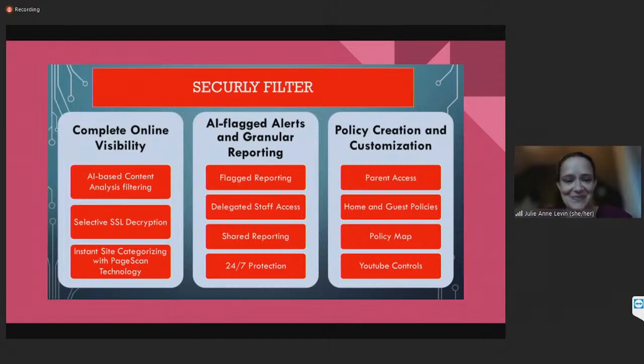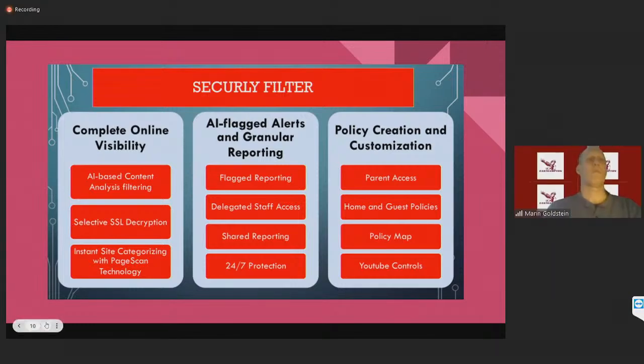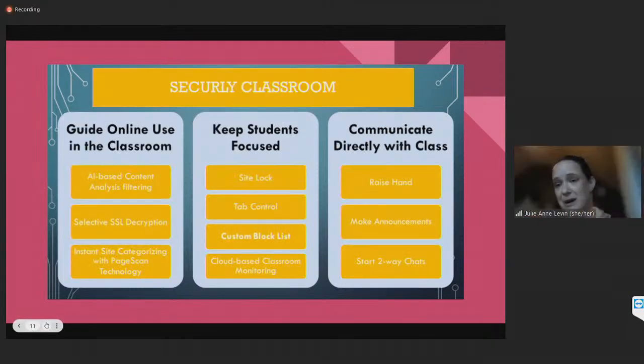And they're happy that there's a system in place for catching that when a student is looking for something that may be concerning. I have a lot of information about Securely, but I think it's probably better if you want to ask me questions, if you have specific questions about Securely.